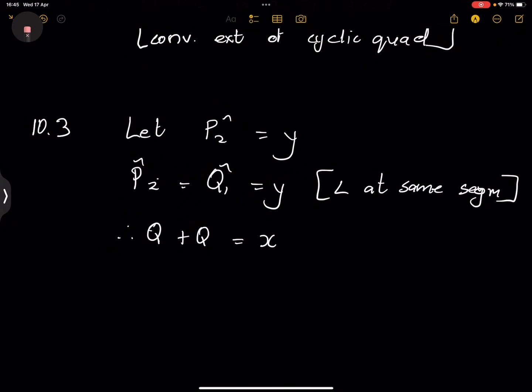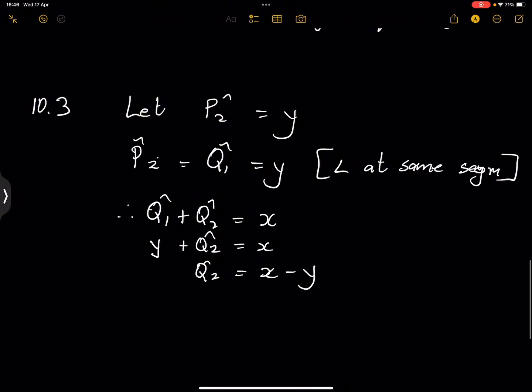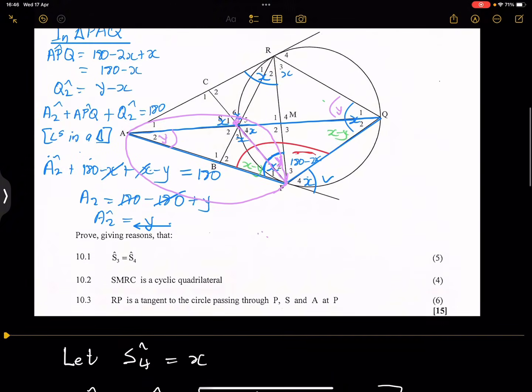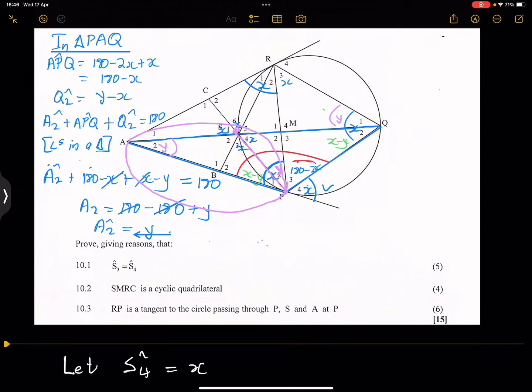We had said that before, and now Q1 is equal to y, plus Q2 equals x, so therefore Q2 would be equal to x minus y. All right, so we express that as x minus y, right?